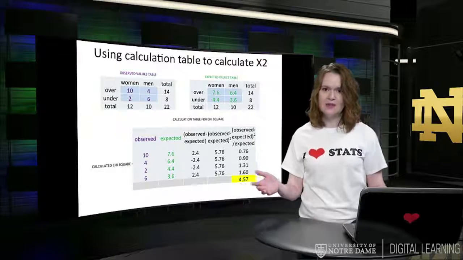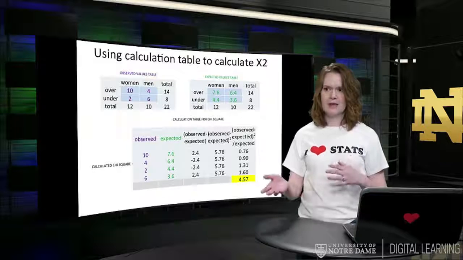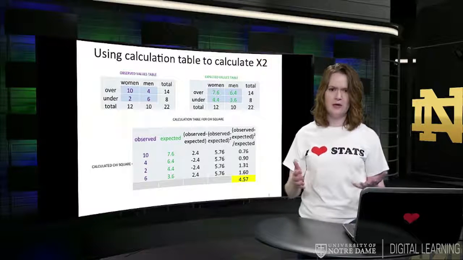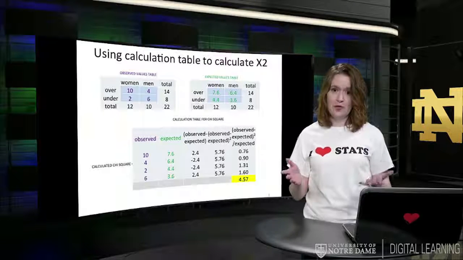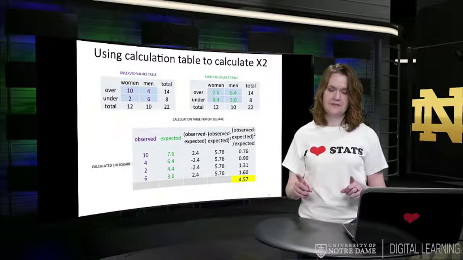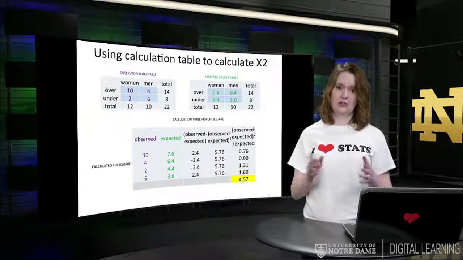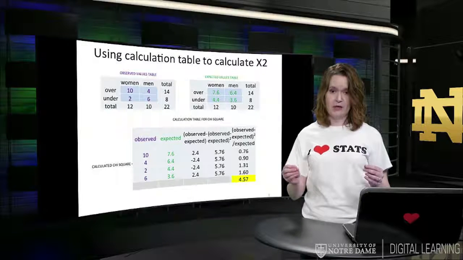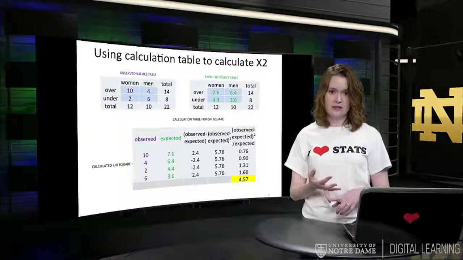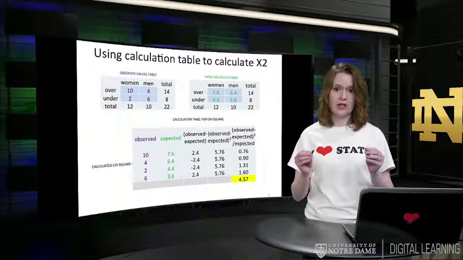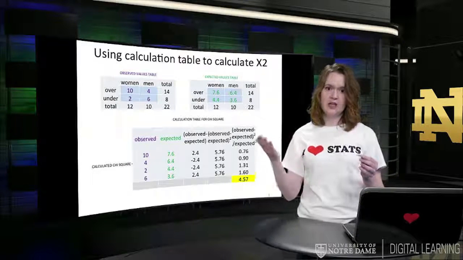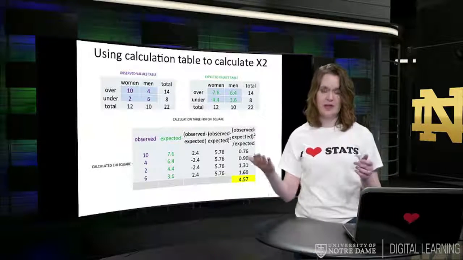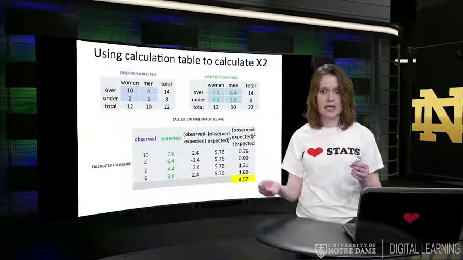What does it mean? What have we determined? What does that mean about men and women and their toilet paper preference? Well, right now we don't know. We have one more step. Every time we do this from here on out, we're going to calculate a value. It could be chi-square, the t-test, ANOVA, whatever. We're going to have a calculated value, and then we're going to compare it with a critical value. And that critical value is always going to come from a table.